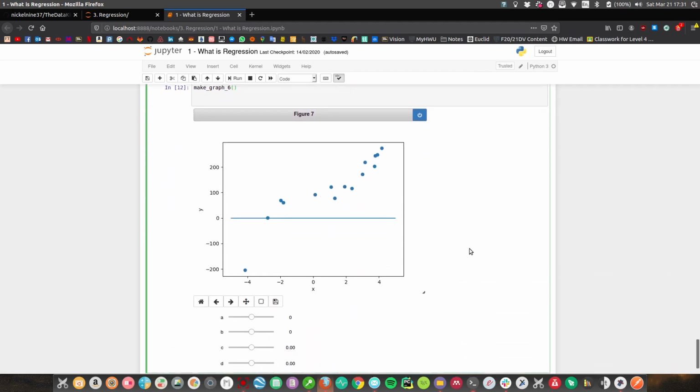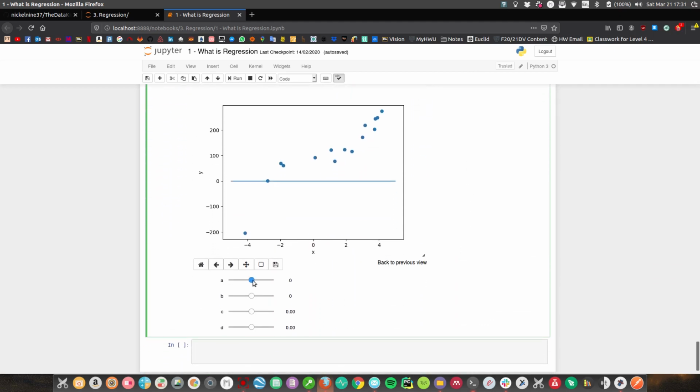The idea is we want to find the values of a, b, c, and d that best fit our data. So here we might want to do something like this. That will be our best straight line fit maybe, but we could probably do better by introducing some curvature. So maybe something like this. It's difficult to find the exact thing that's best, but you can see that we're sort of getting close.